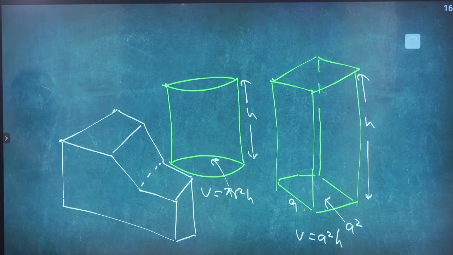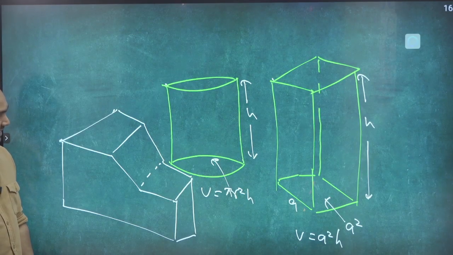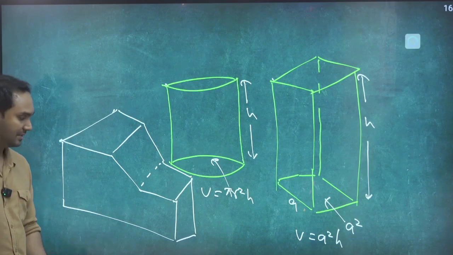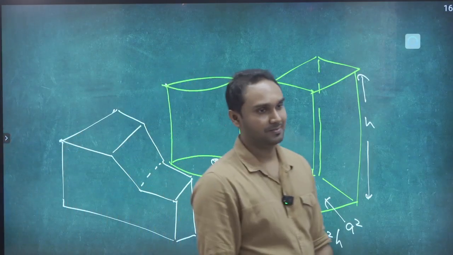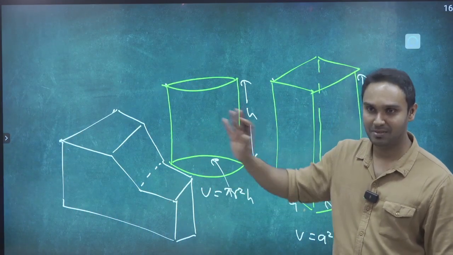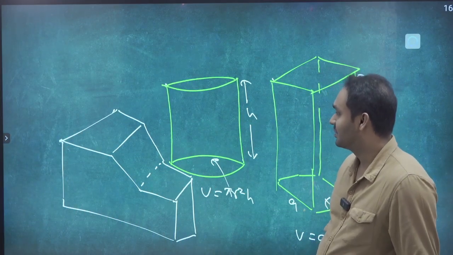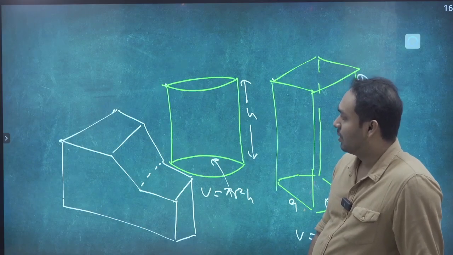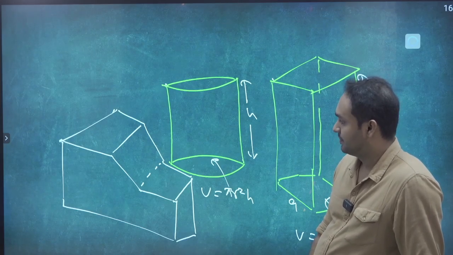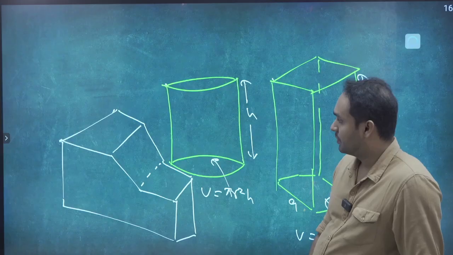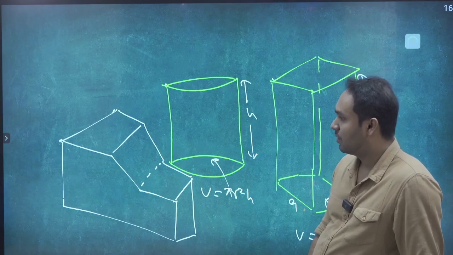And in the pool there is some sort of object. You are supposed to find the volume of this object.